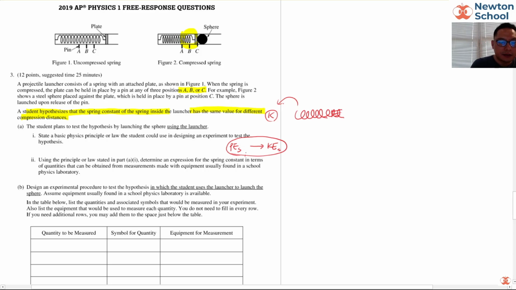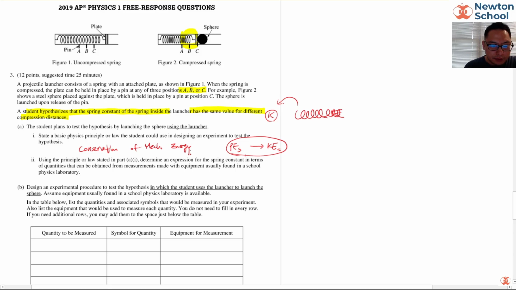Okay, so we'll have to use conservation of energy, right? So you can use conservation of mechanical energy. I'll just write a short form, you can elaborate.